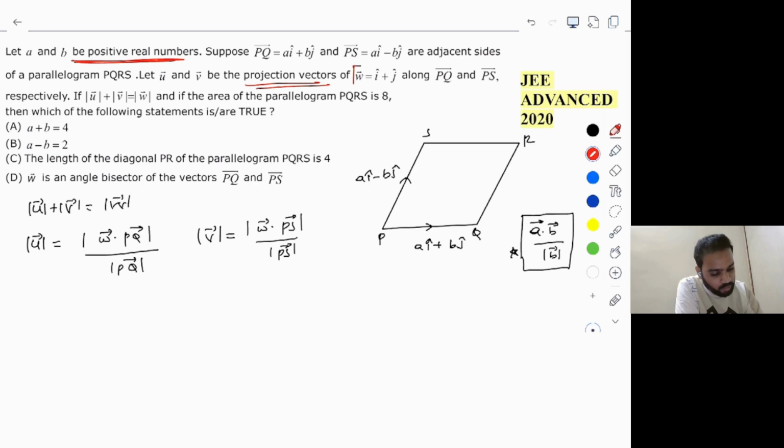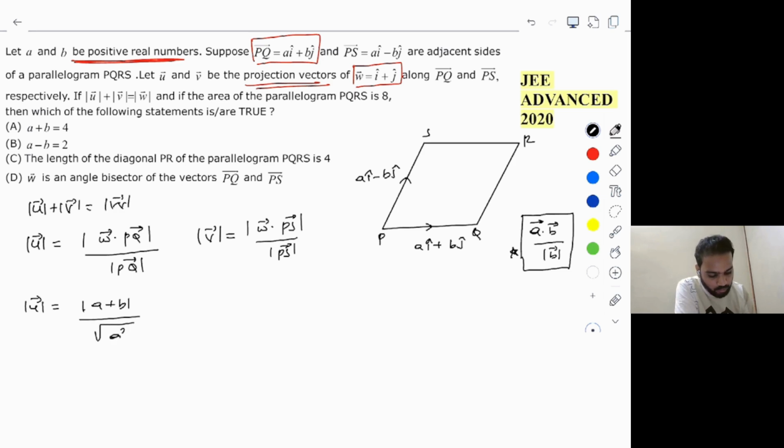Now clearly all the vectors are given to you. You can look at that. W bar is there and also PQ bar is there. So by looking at these two, we'll write down this modulus of U bar value directly. So modulus of U bar is equal to the dot product of W and PQ, you can notice that we will be getting modulus of A plus B divided by what is the magnitude of PQ bar here?